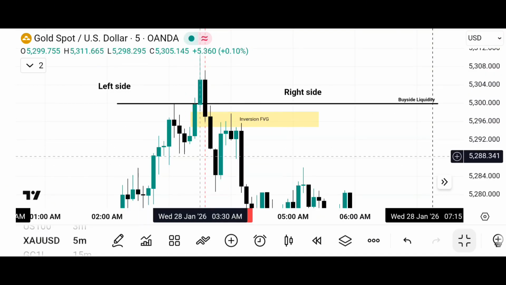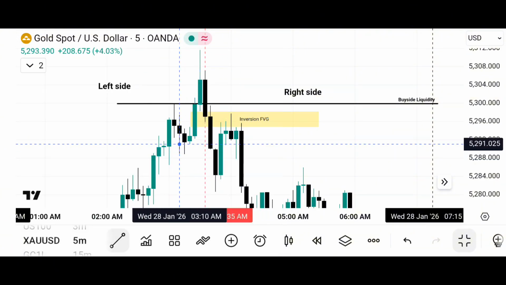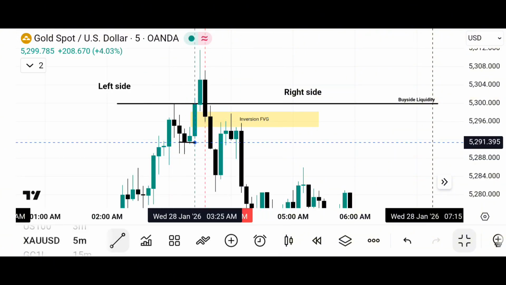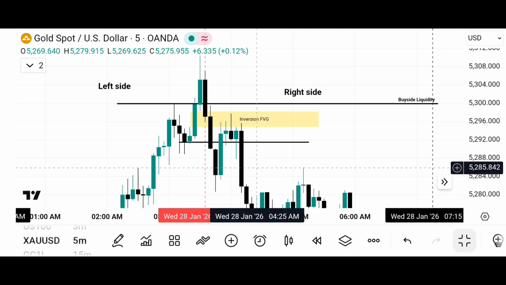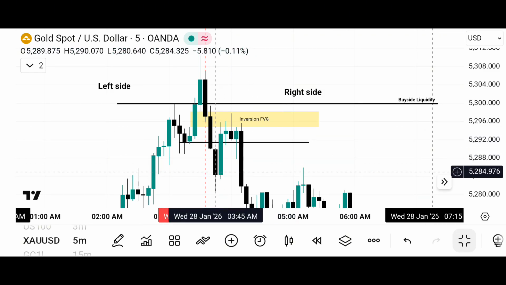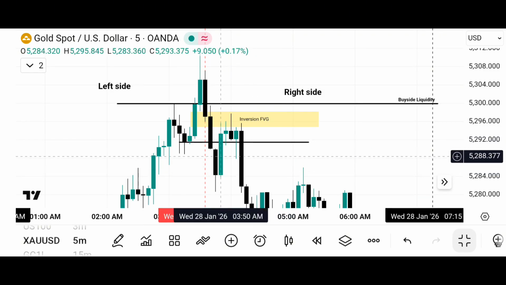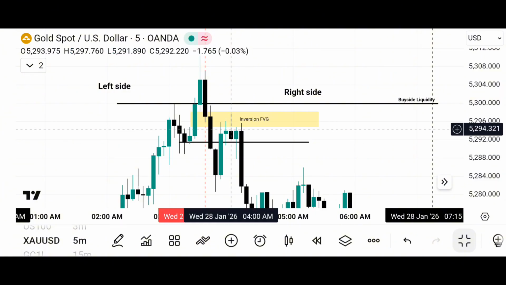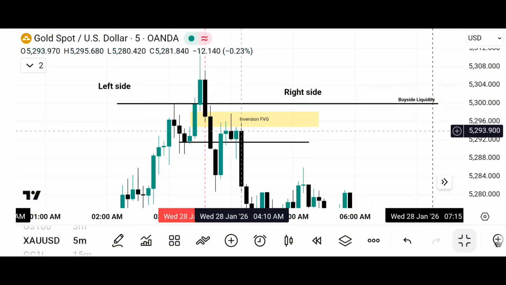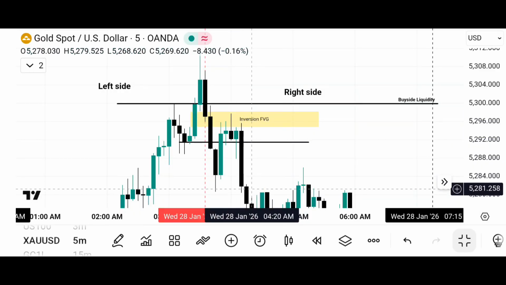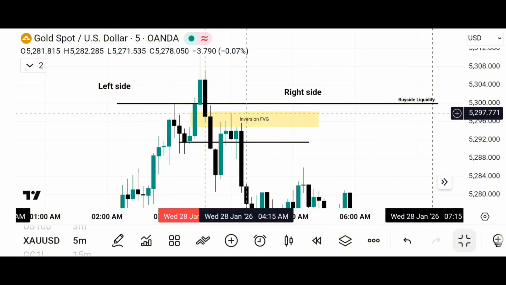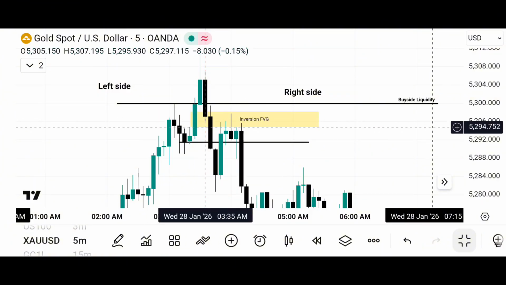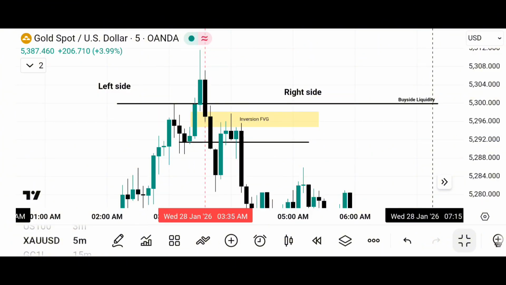Why price trades below it, you extend the line out, and you see how after price trades below it, price trades back into it, making use of it as a premium to go down, as a resistance to go down. At the same time, price is also trading into this inversion fair value gap.